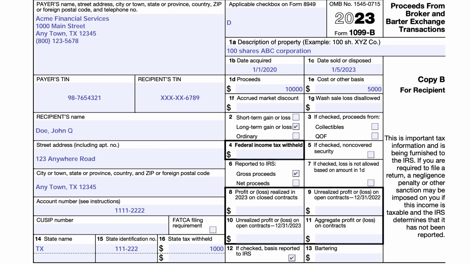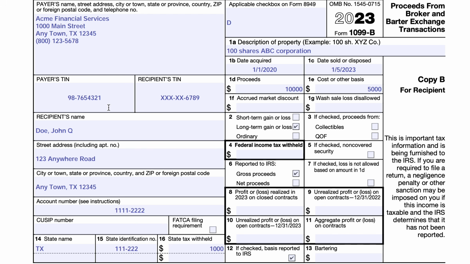On the left-hand side of the tax form, you see the taxpayer's information and the financial institution. The broker or barter exchange is referred to on this form as the payer, and the taxpayer is referred to as the recipient. At the very top, for our hero John Doe, we have Acme Financial Services and their taxpayer ID number.